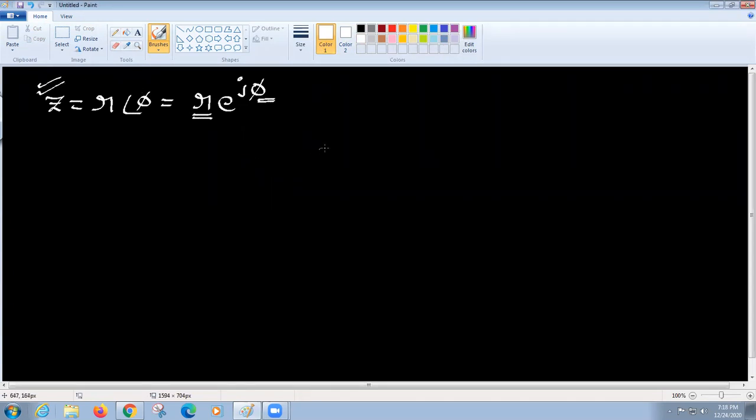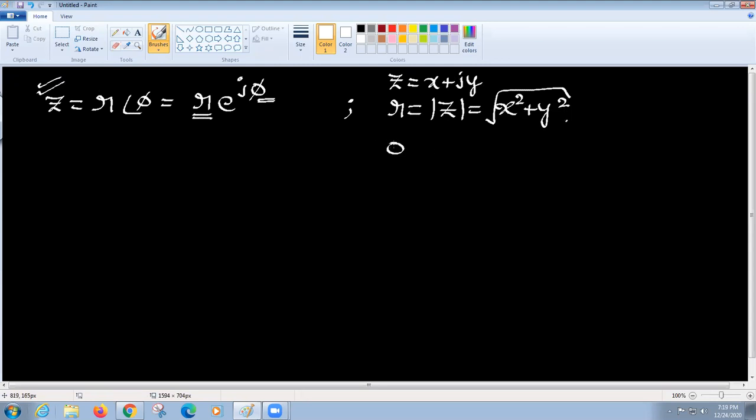I can write r is the magnitude of z, which is square root of x square plus y square. And phi, the phase of z, I take tan inverse of y divided by x.